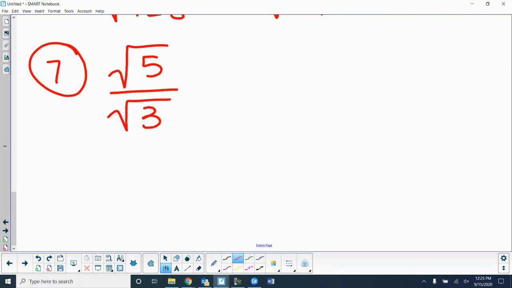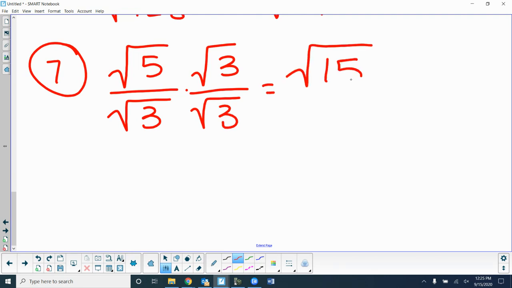So, I got another radical one. Is there a number I can divide into 3 and 5? No. So I do like we did on the warm-up. Just rationalize the denominator. So I get the square root of 15 for the top, but what does the bottom become? 3. That's the answer.